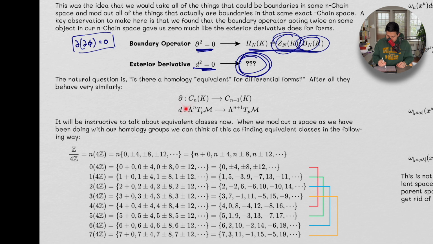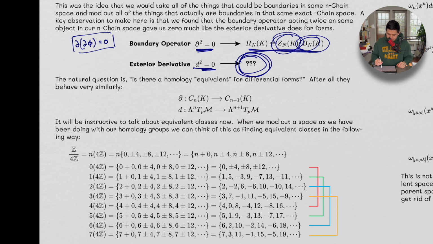For our d operator, our exterior derivative, this takes us from the space of n-forms on some manifold to our space of (n+1)-forms at some point on some tangent space on some manifold.